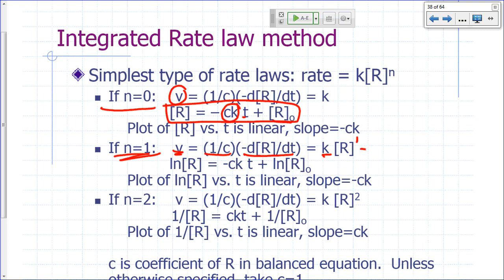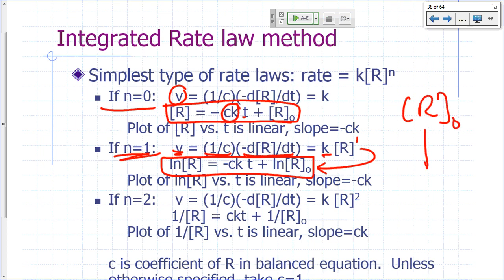Again, this is a differential equation, and if you solve it, you'll find that the natural log of r is equal to some constant times time plus the natural log of r naught. R naught is just the concentration of r at time 0, your initial concentration of r.